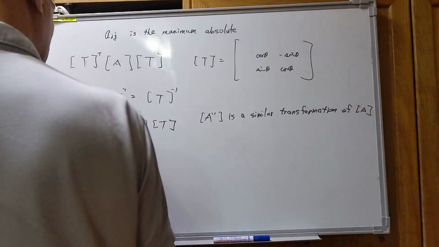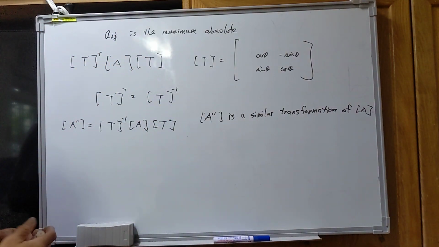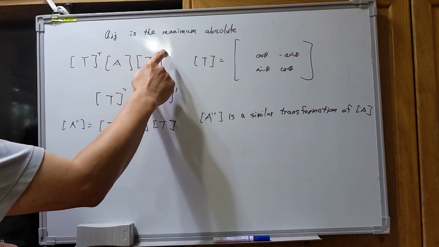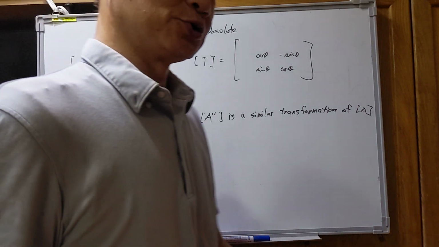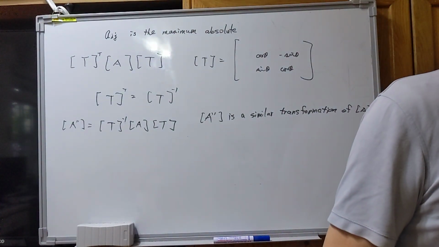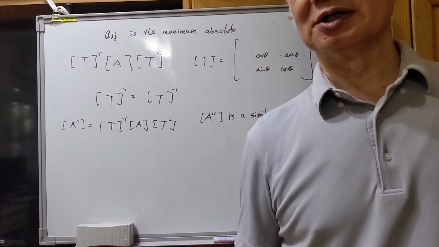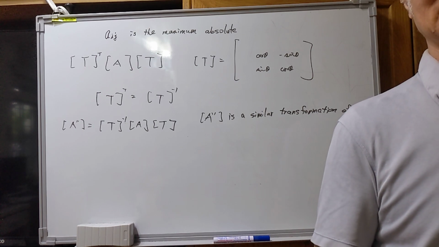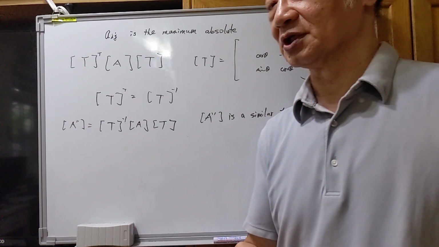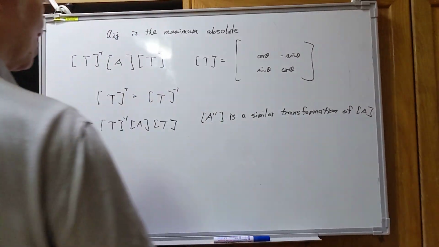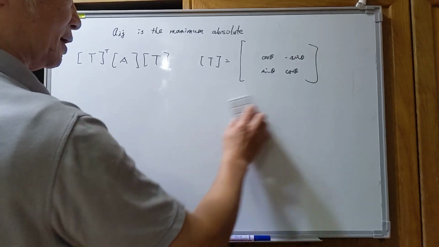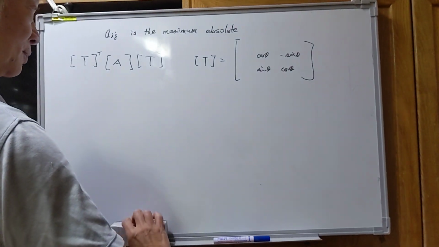So if we follow the Jacobi method, pre-multiply by the T transpose and post-multiply by the T matrix, it is also a similar transformation. For similar transformations, the eigenvalues will not be changed. So it is also a theorem. Okay, so let's try to get the formula.